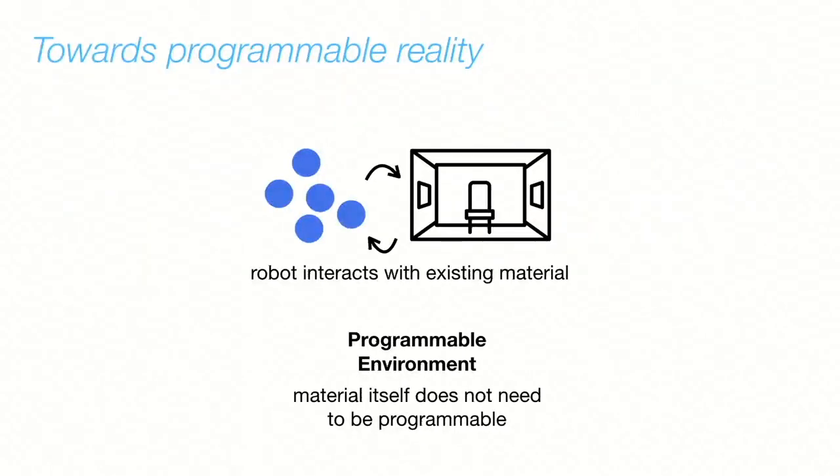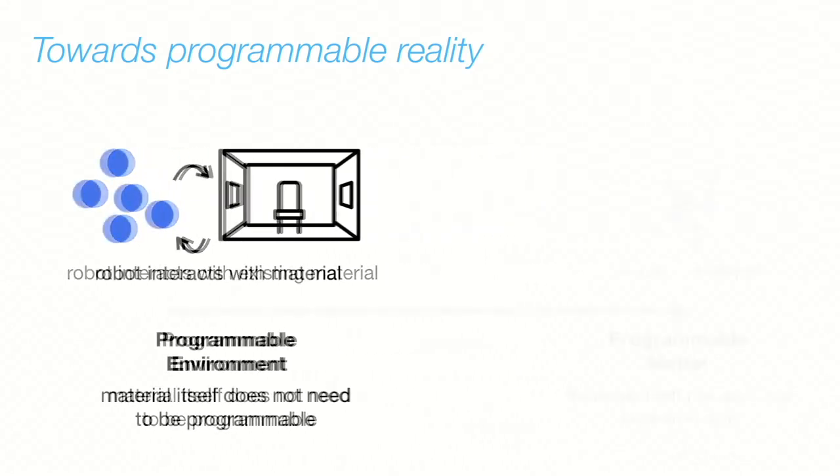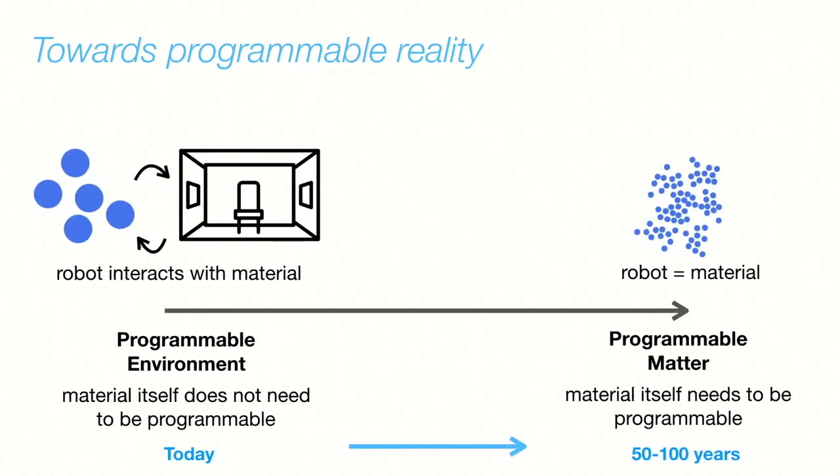For the long term, these swarm robots can interact with the existing environment to make our everyday environment more programmable. But another direction is the concept of making the object out of the robots.